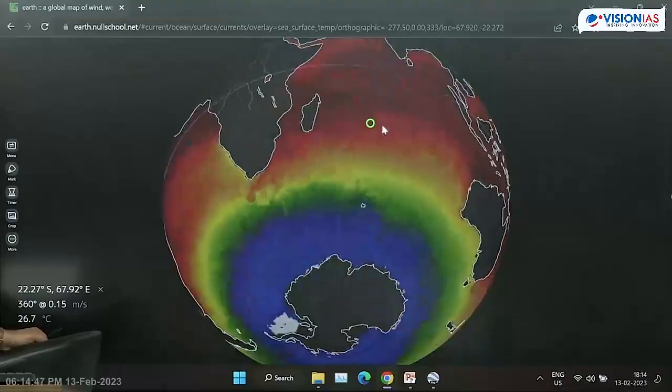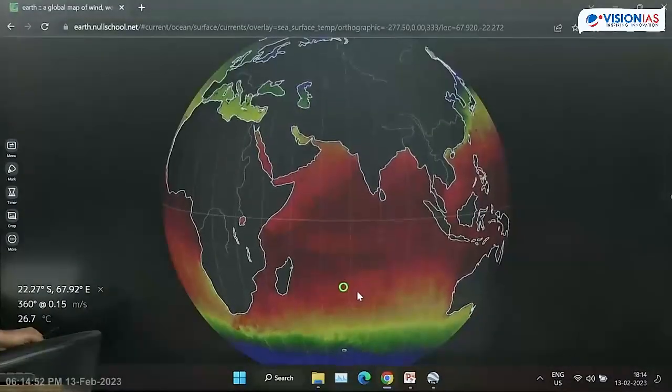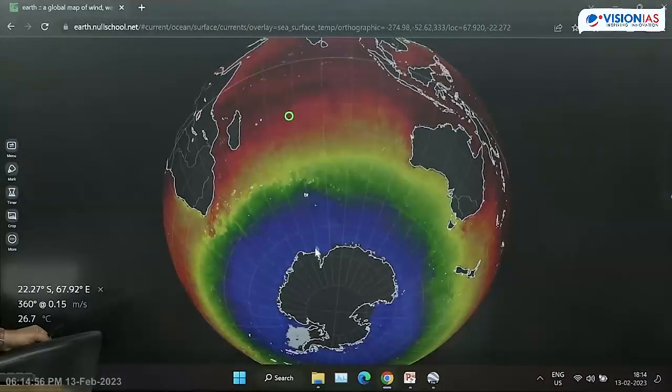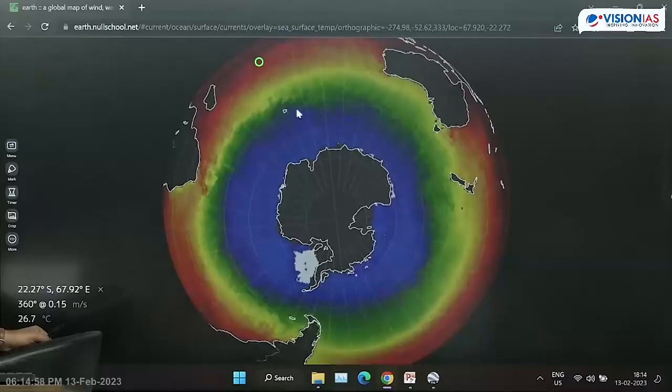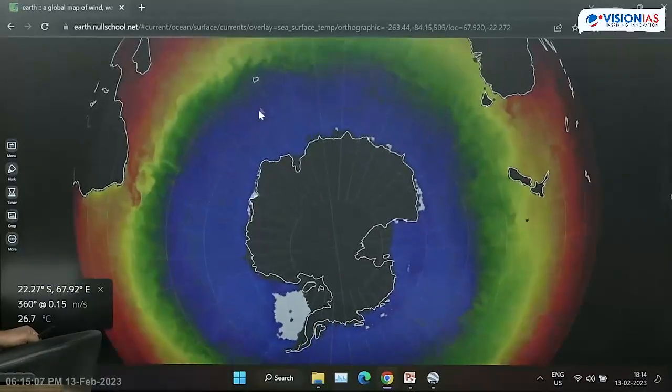So you can see the overall water, the temperature of the oceans, right? So this is equatorial region, hot, then moderate, and then very cold. Can you see this around Antarctica, the waters are very, very cold, the southern ocean, and around that we have this west wind drift, which is very, very clearly visible.